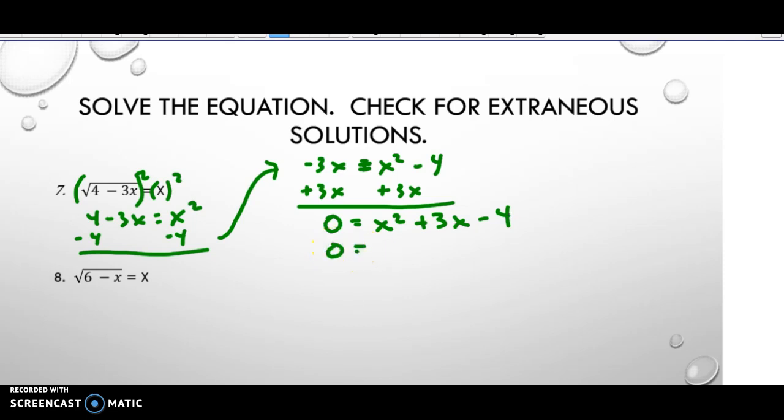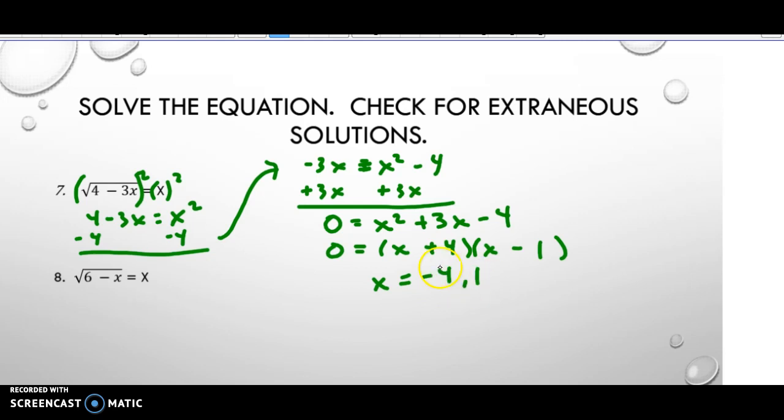So I have it set equal to 0, and I know that factors of 4 is either 2 and 2 or 4 and 1. But I know that I need factors that add to 3. So if I factor this to x plus 4 times x minus 1, then that will get me back to this trinomial. So my solutions then would be -4 and +1.